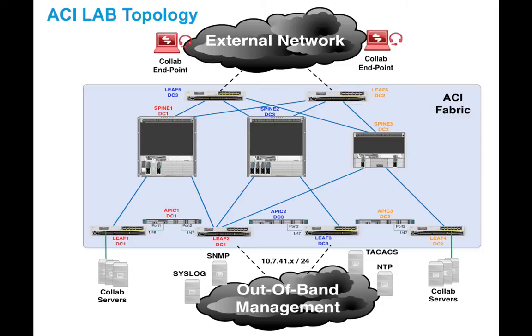In my lab topology, I have 3 spines, spine 1, spine 2, spine 3, 6 leaves, leaf 1, leaf 2, leaf 3, leaf 4, leaf 5, leaf 6, and 3 APICs, APIC 1, APIC 2, APIC 3, simulating an ACI fabric stretched between multiple data centers, data center 1, data center 3, data center 2.